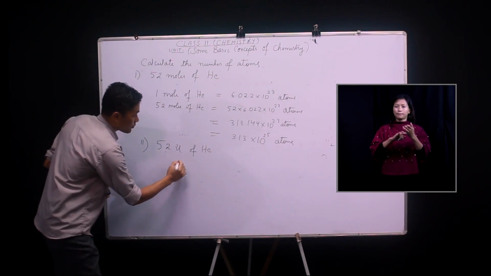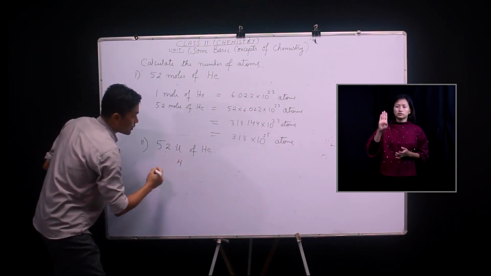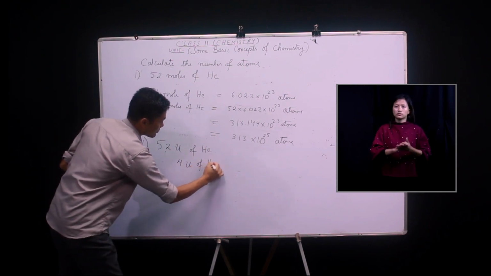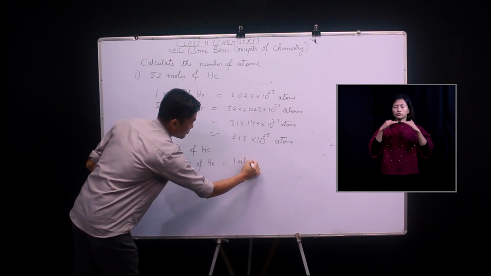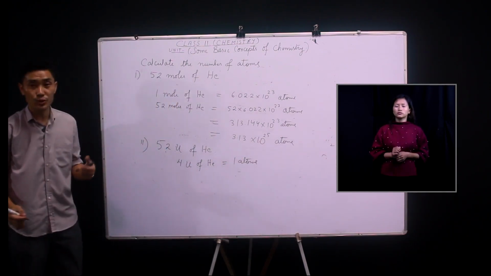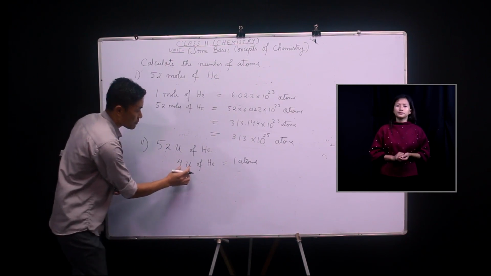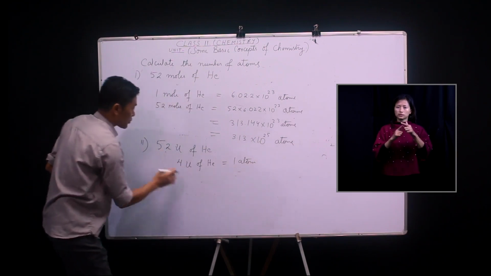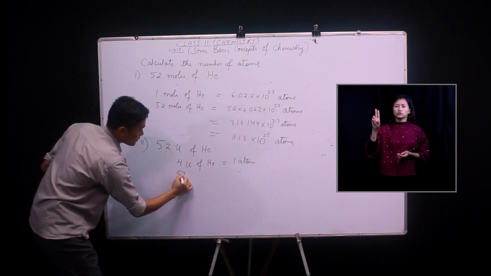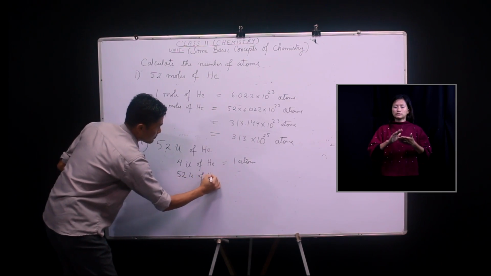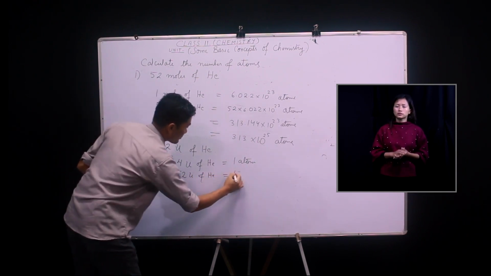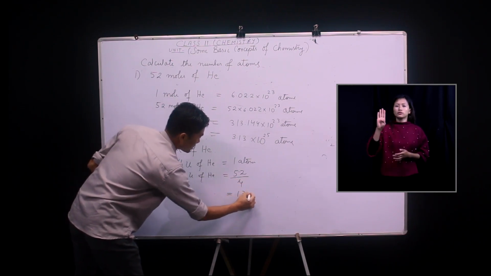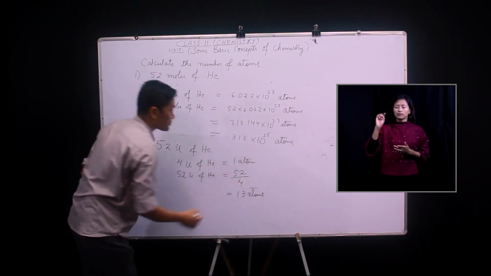So 4 unified mass of helium will be equal to 1 atom, because the atomic mass of helium is 4 unified mass. 4 unified mass of helium will be equivalent to 1 helium atom. So if we have 52 unified mass of helium, we will get 52 divided by 4, that is 13 helium atoms.